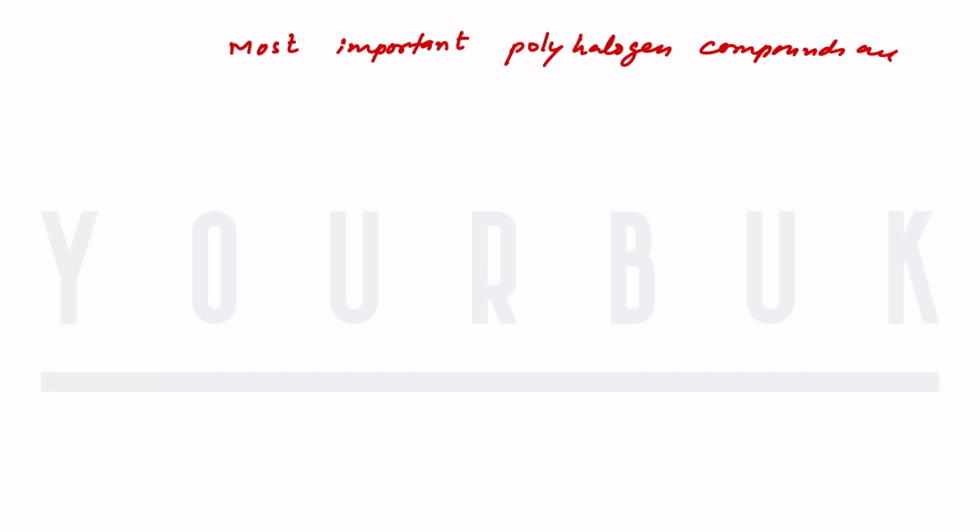The most important polyhalogen compounds are the haloforms, CHX3, called trihalomethanes.